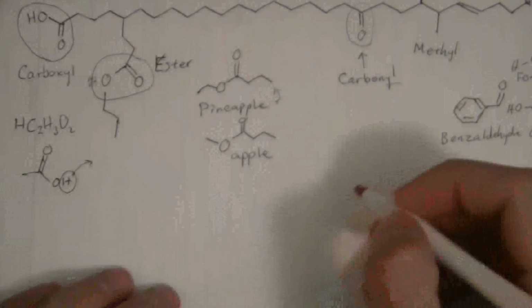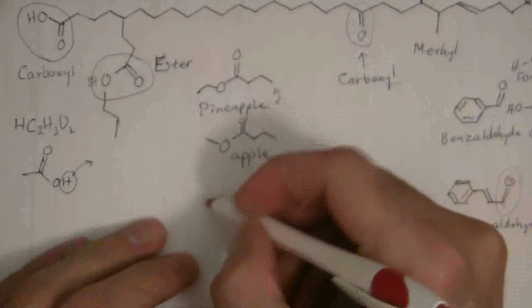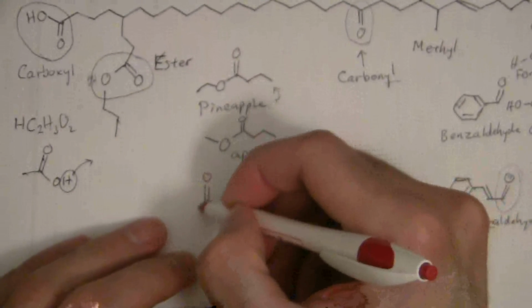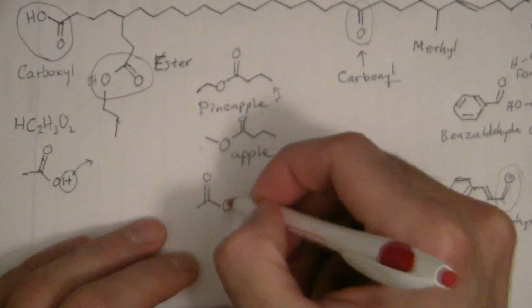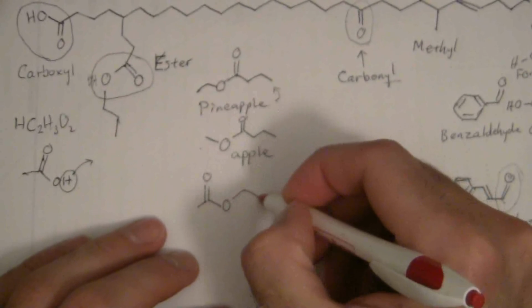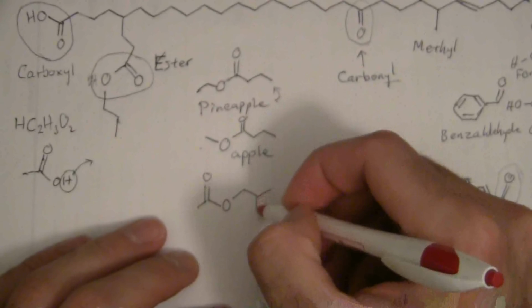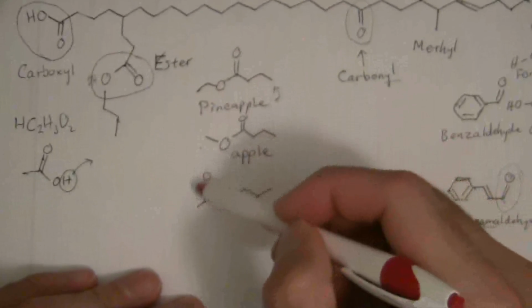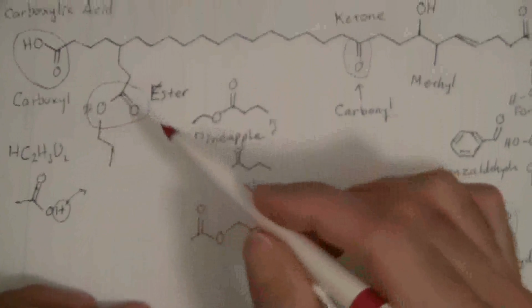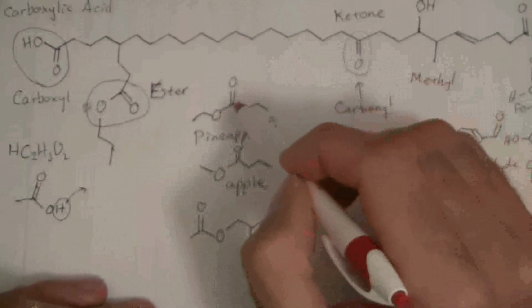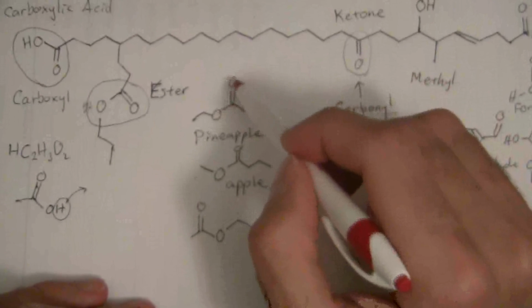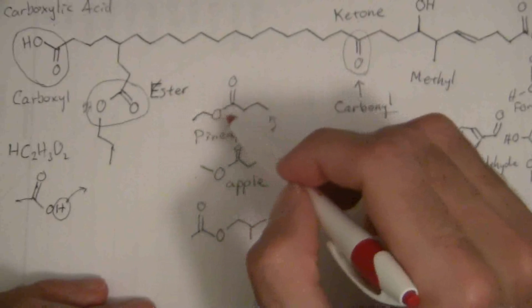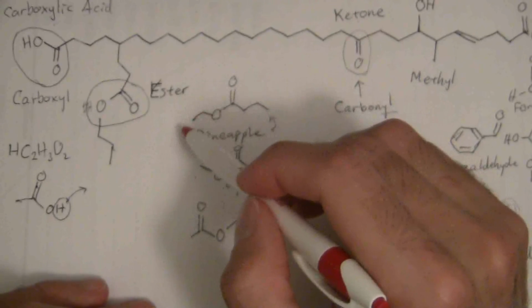Another ester is the, let's see here. This one I'm drawing a little bit differently, but looking the other direction, you should still be able to recognize this as an ester. All of these, even though they're in different orientations, you have a double bond to oxygen. That's your carbonyl carbon with the oxygen and a carbon chain.